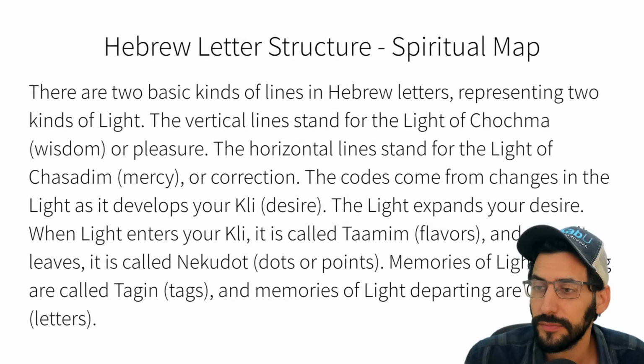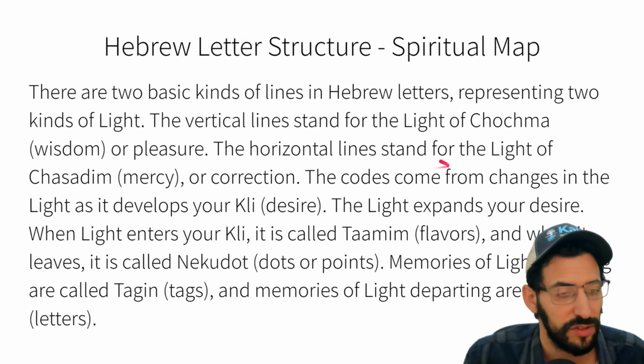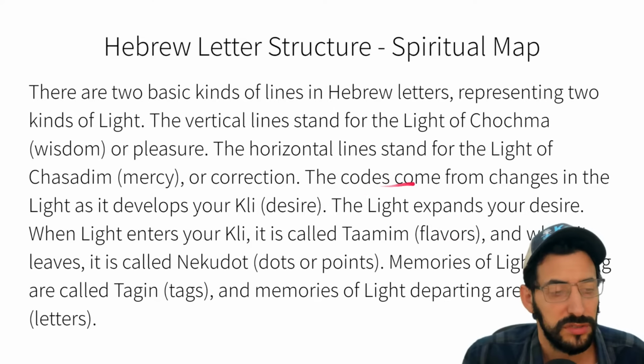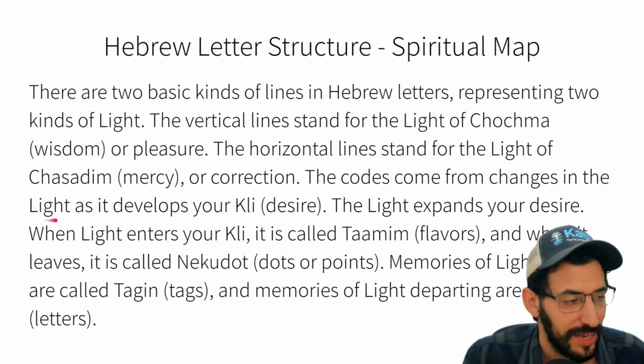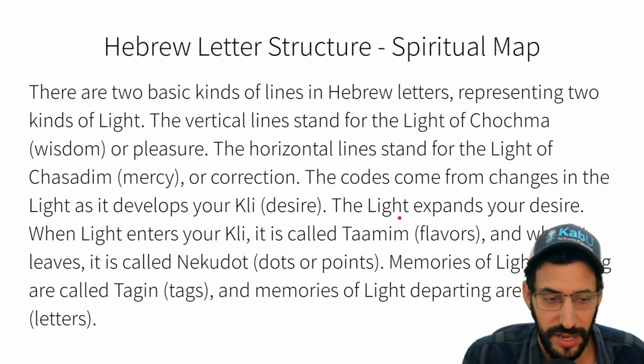So again, there are 2 basic kinds of lines in Hebrew letters representing 2 kinds of light. The vertical lines stand for the light of Chokhmah, wisdom or pleasure, and the horizontal lines stand for the light of Chasadim, mercy or correction. The codes come from changes in the light as it develops your kli, your desire. The light expands your desire.